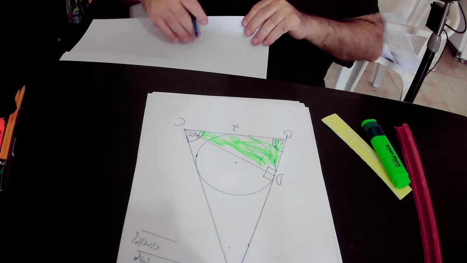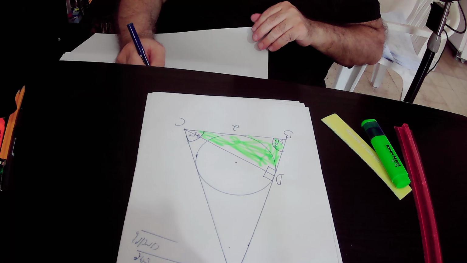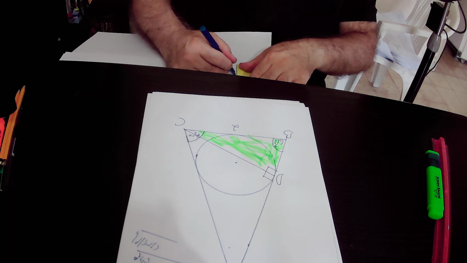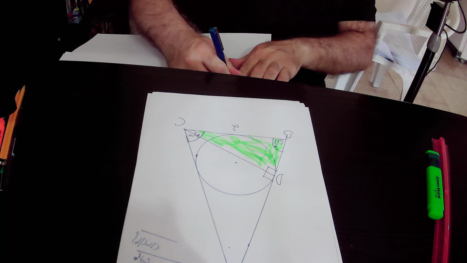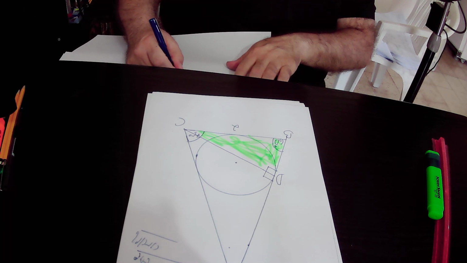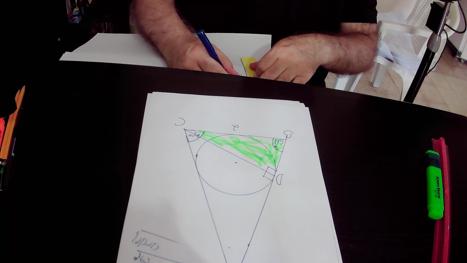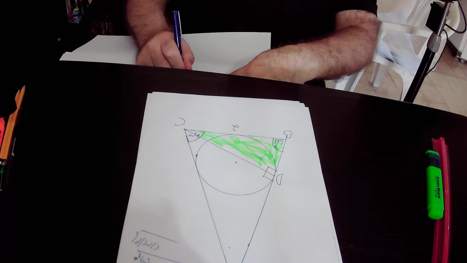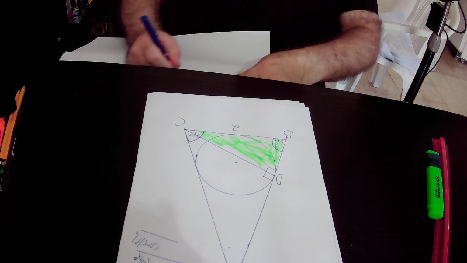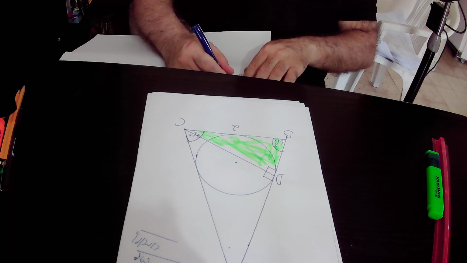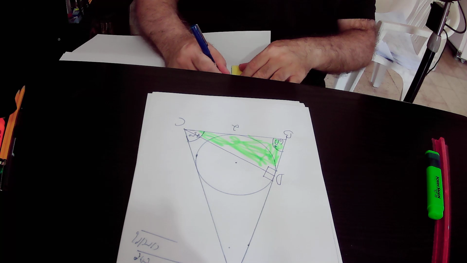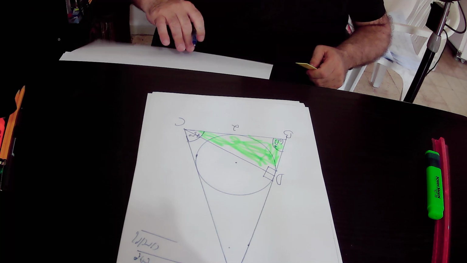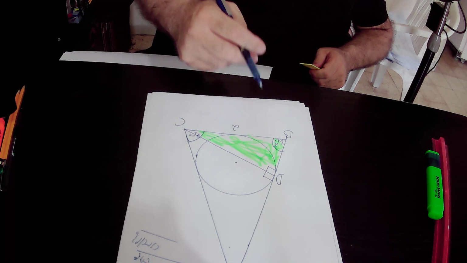So this is the triangle DBC. Angle BDC equals 90 degrees. Angle DBC equals 60 degrees.